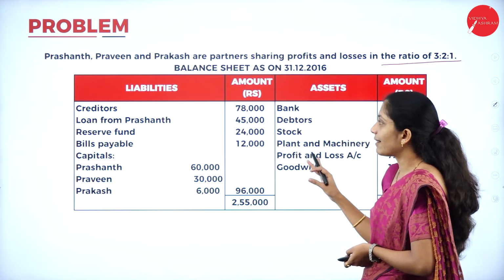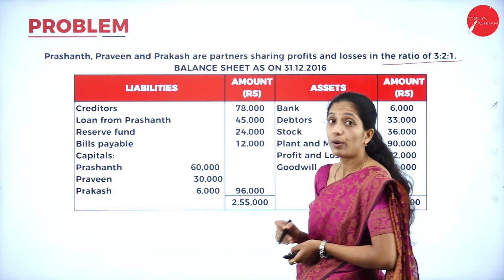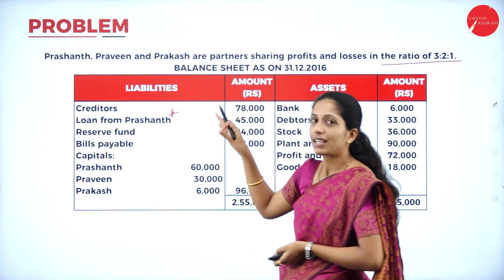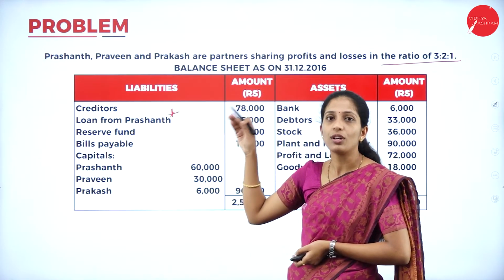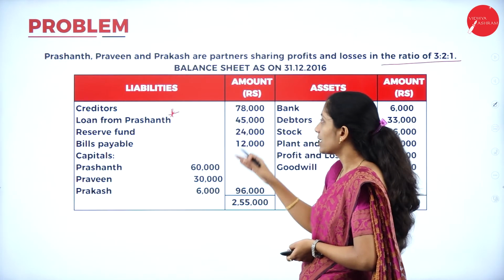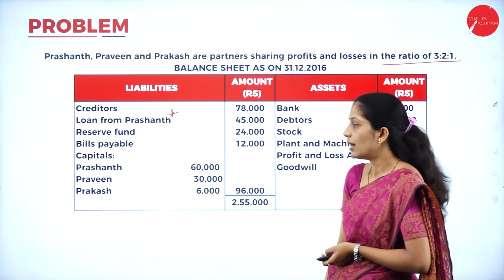And they have given the balance sheet here. They have given certain liabilities like creditors, loan from Prashant. Now here you have to be careful. Here a partner itself has provided the loan, so we have to prepare partner's loan account. Next, they have given reserve fund, bills payable, then they have given the capital of the partners.